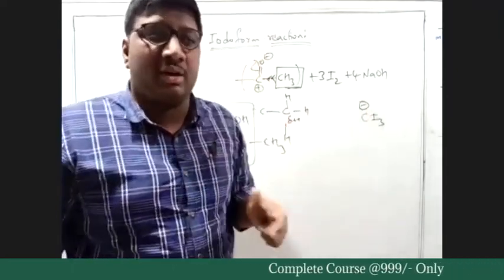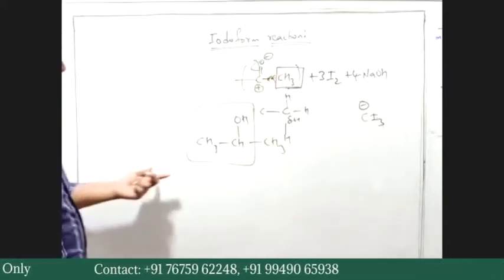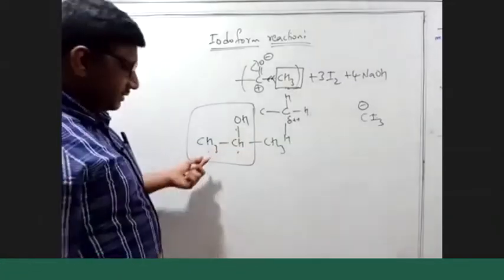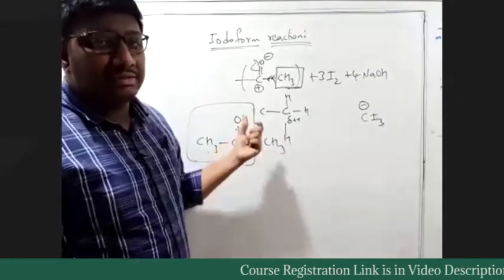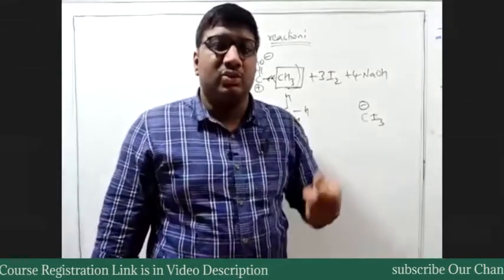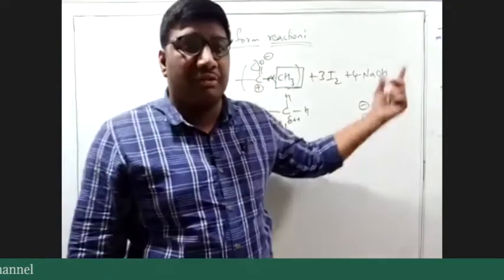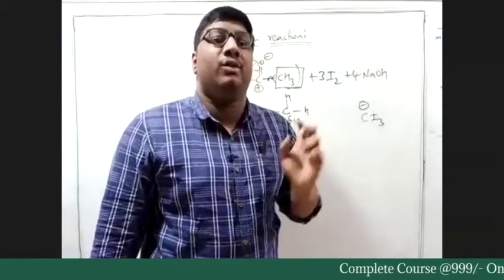We can combine these as haloform. The only requirement is the presence of the CH3, CHOH group. If that group is present, they can react with iodine in the presence of base to form the respective haloforms.